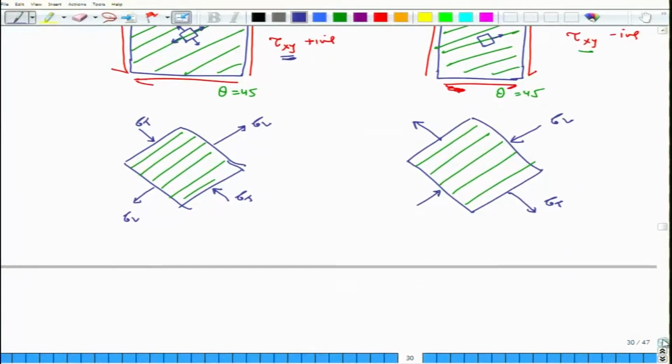Okay. Now, when you look at these two pictures, what is it that you see? Which one is going to fail earlier? Here, because I am pulling in the tensile direction, see here I am compressing in the transverse direction. So, the chances that it will fail very early is very less, but here because the fibers are like this and I am pulling in the transverse direction, and we know that failure in the transverse direction because of tension is very less.